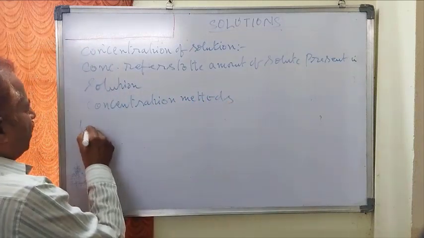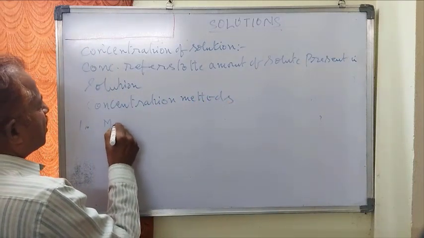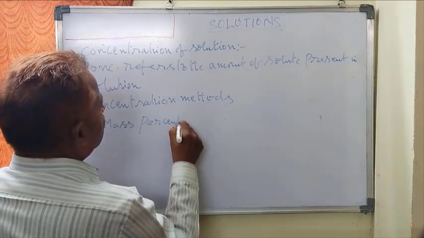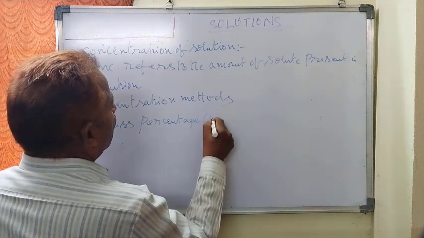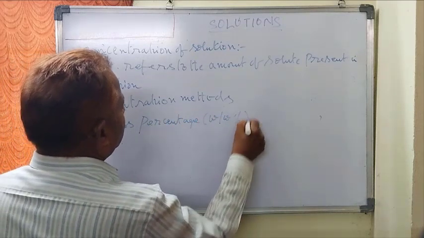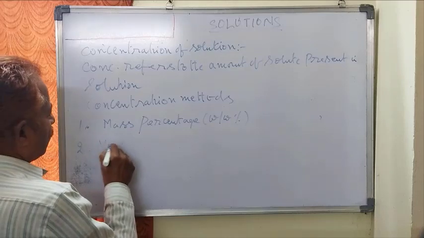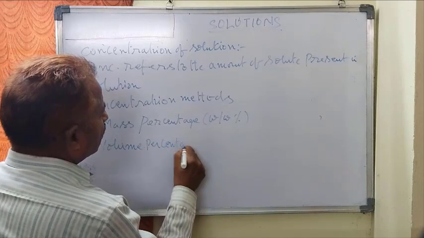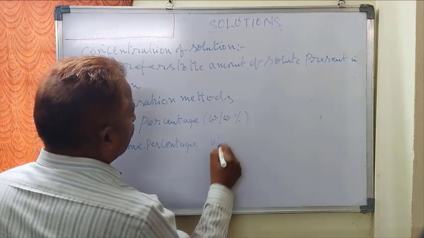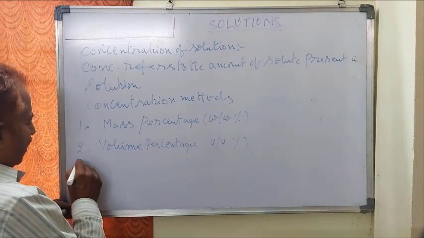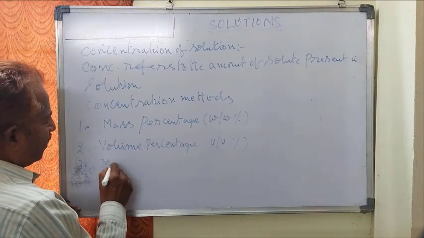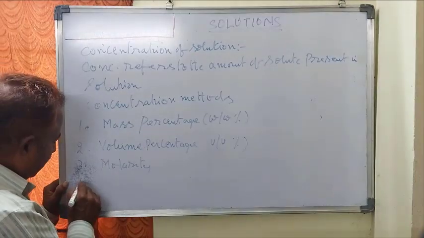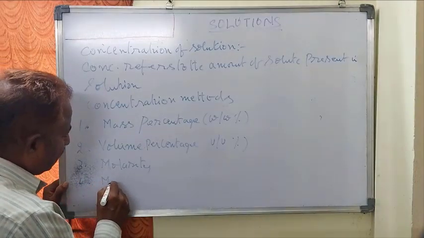Concentration methods are: number one, mass percentage, W by W percent. Next one is volume percentage, V by V percent. Then molarity. Next one is molality.